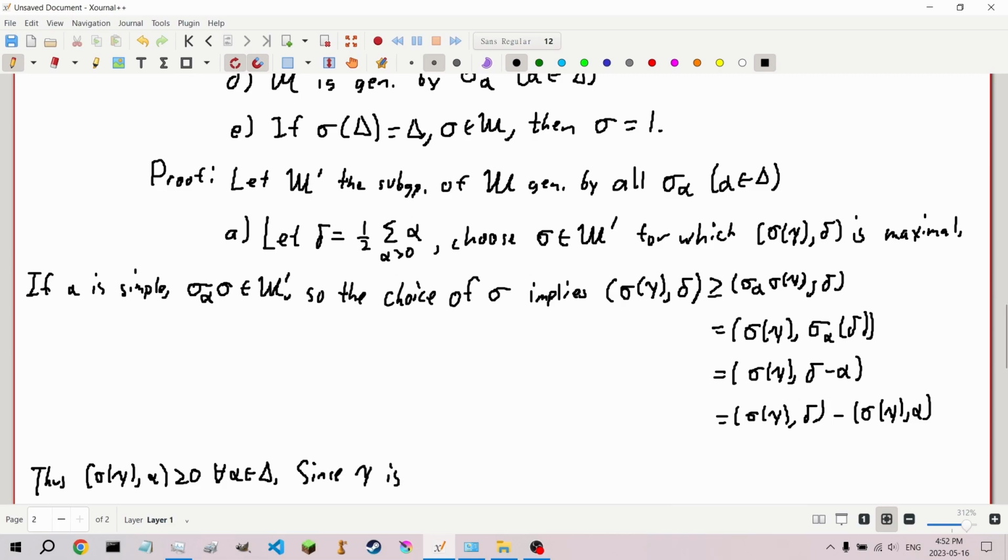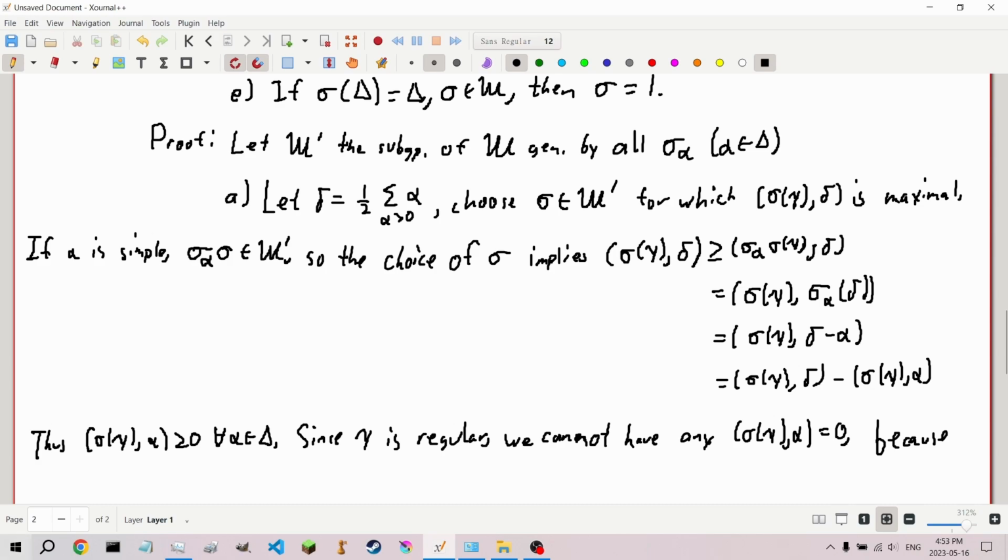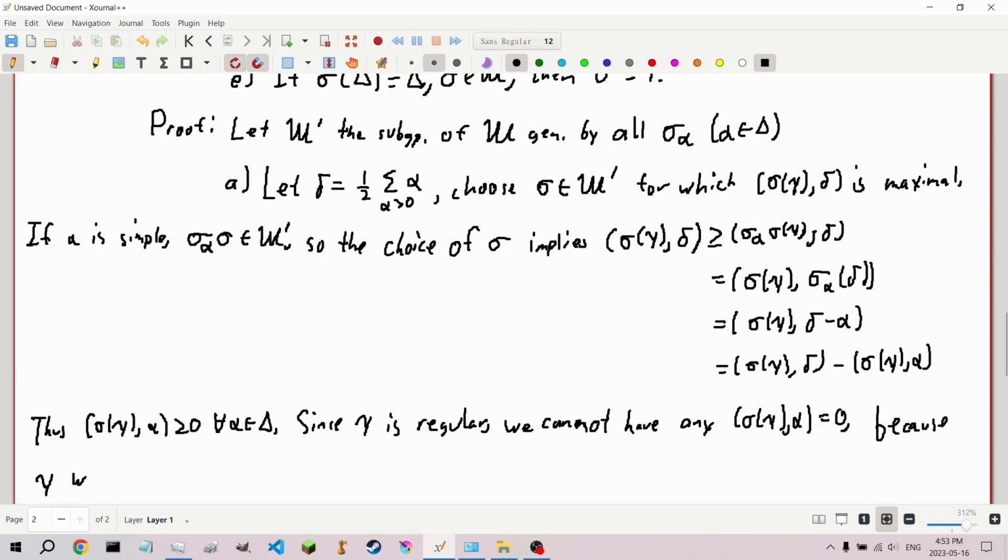Since γ is regular, we cannot have any (σ(γ), α) being 0, because our γ would be orthogonal to σ inverse of α.